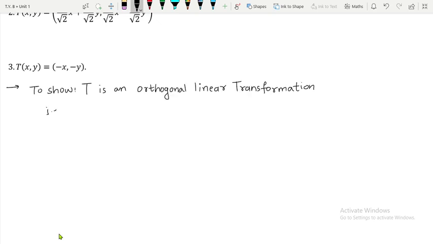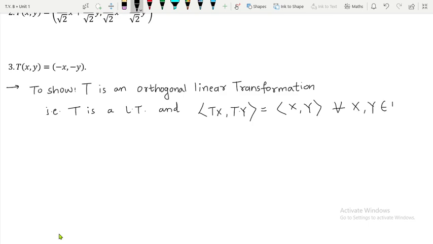That is nothing but T is a linear transformation and the inner product of Tx with Ty is equal to the inner product of X with Y, where now I will use capital X and Y. Now you can easily guess V in this case. What should be our V? That should be R2. By observing the map you can easily tell.